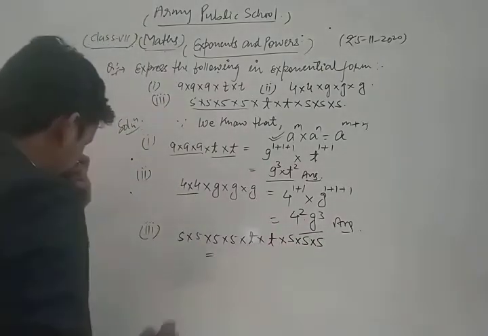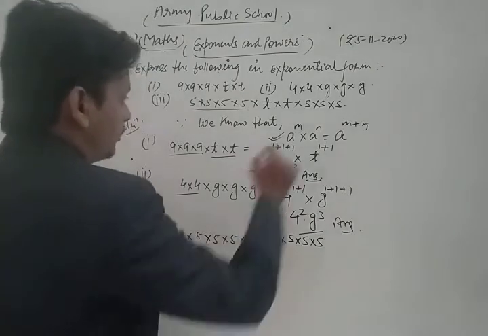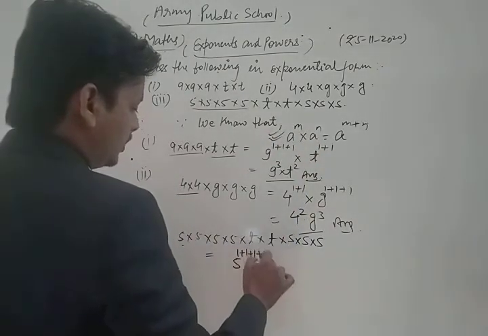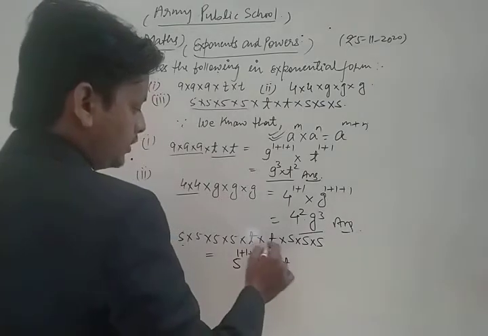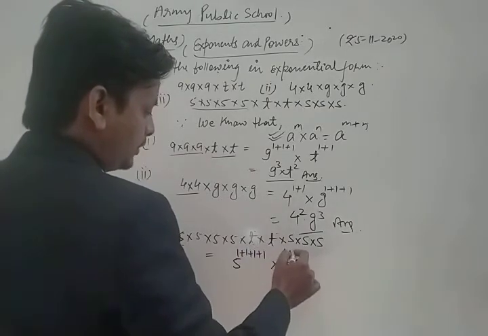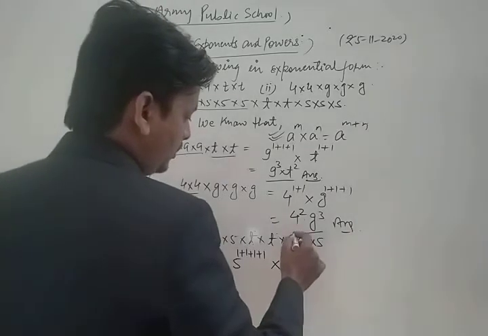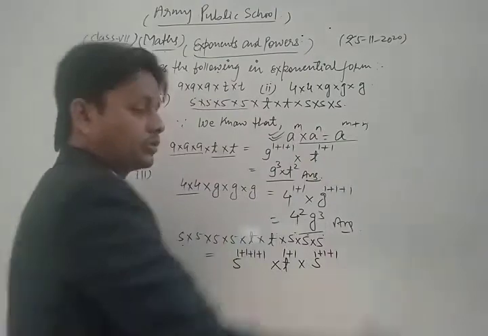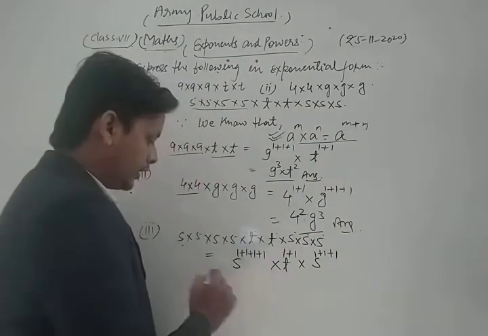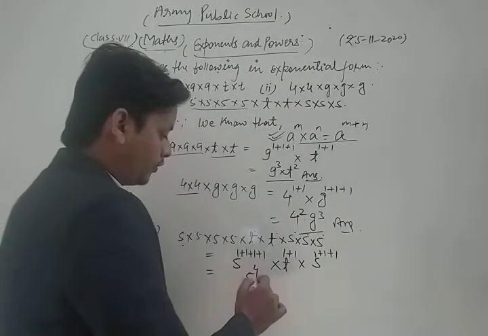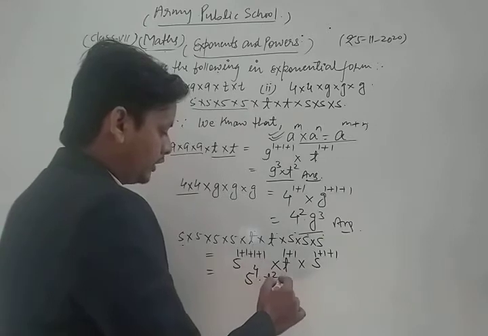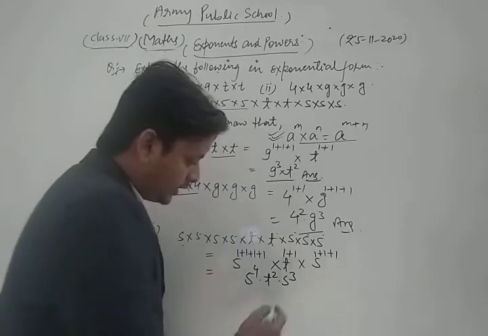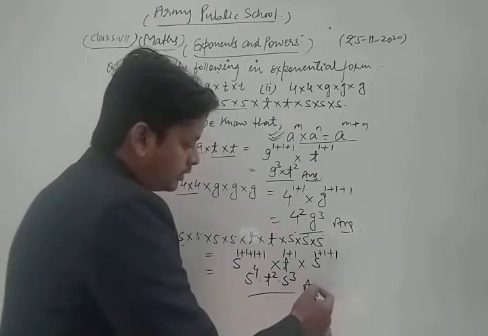Here 5 appears 4 times, so we apply the laws of exponents: 1 plus 1 plus 1 plus 1, for t 1 plus 1, and for s 1 plus 1 plus 1. Now we get 5 to the power 4 into t to the power 2 into s to the power 3. This is the required solution of the given question.